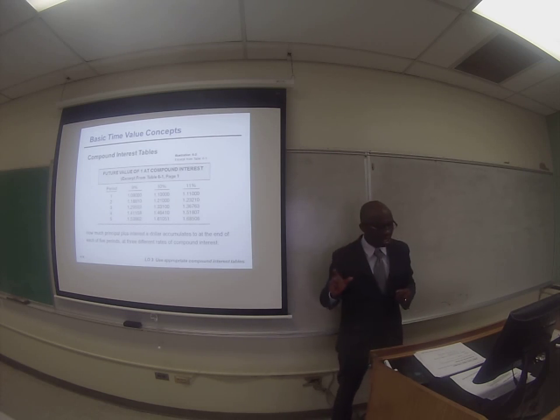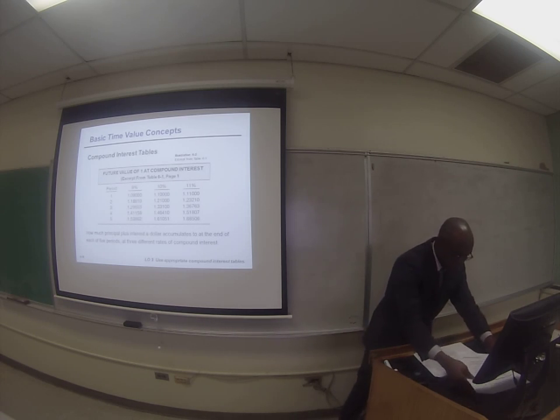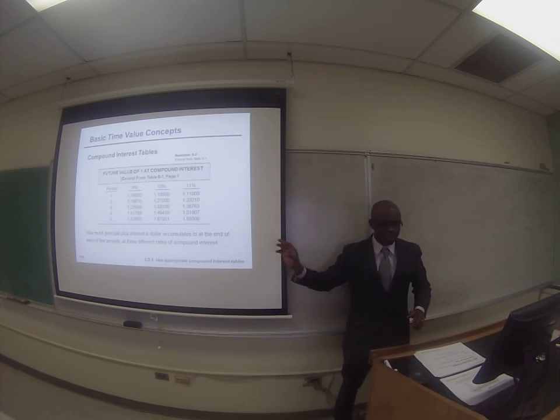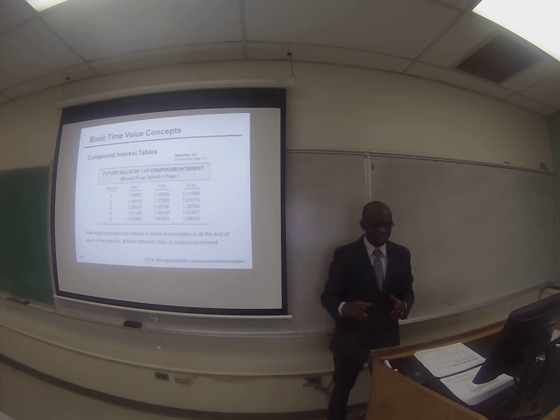So moving along, let's take a look at the first compound interest table. This is table 1. Now, this table helps us to determine how much principal plus interest a dollar accumulates to at the end of the 5 periods.